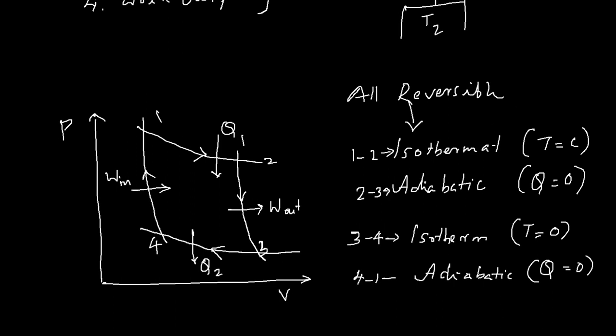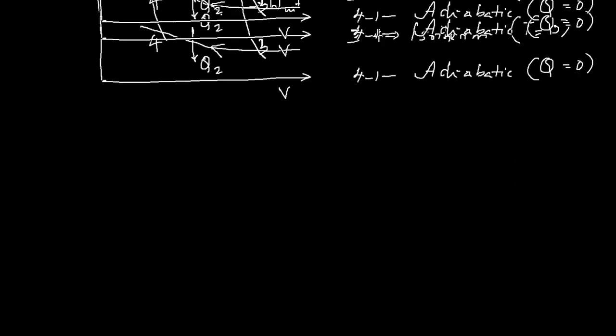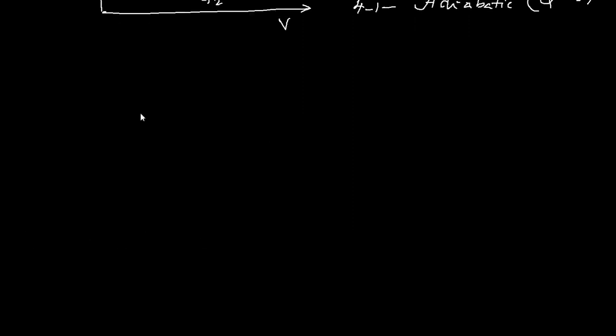You can also draw a TS diagram, and once again entropy is not a concept that we discussed already, so we will see the topic entropy in the next few videos.